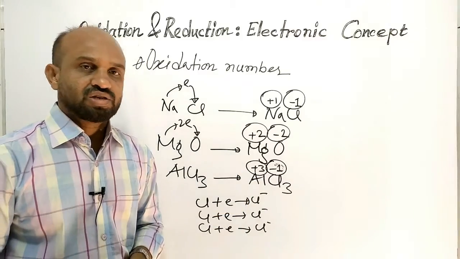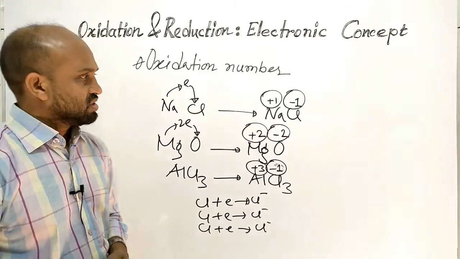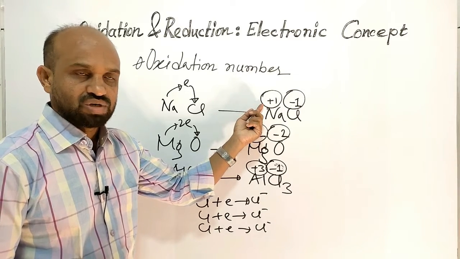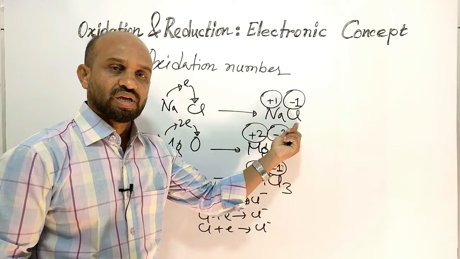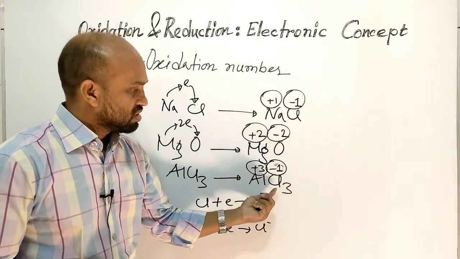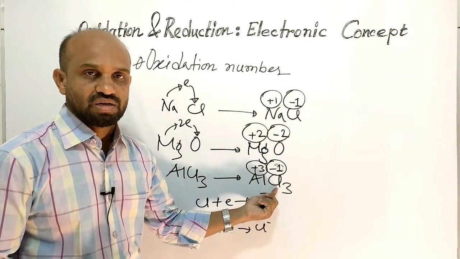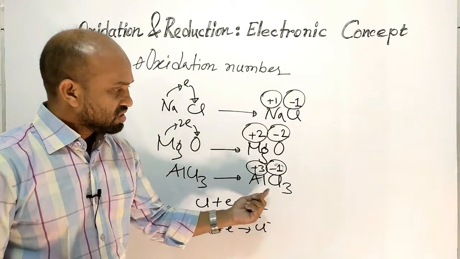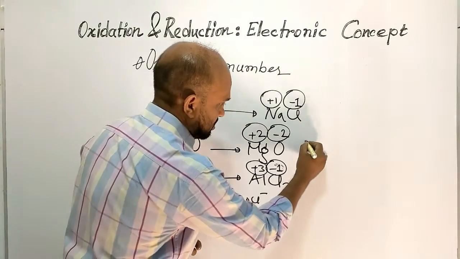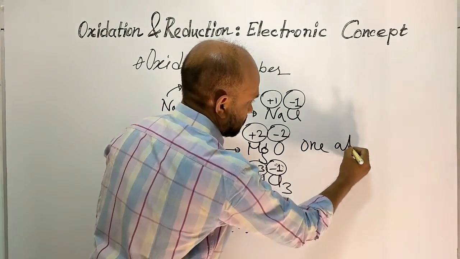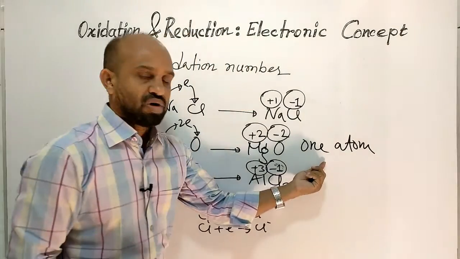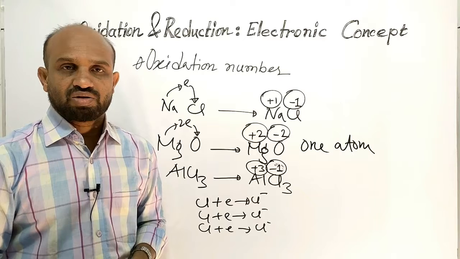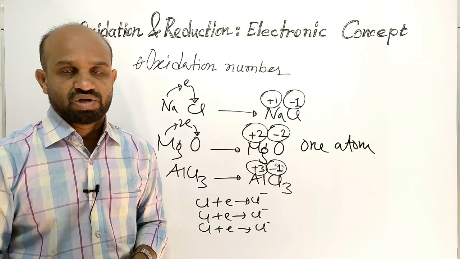Now let's see the definition of oxidation number. The number of electrons donated or accepted by one atom of any element is called oxidation number. So the important point is that it is by one atom, in a molecule.